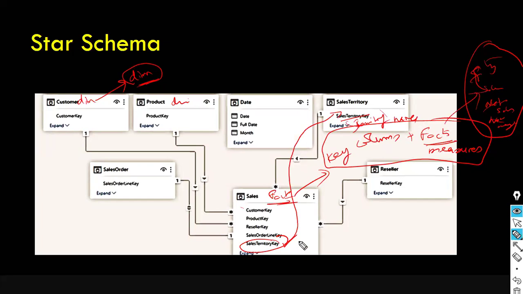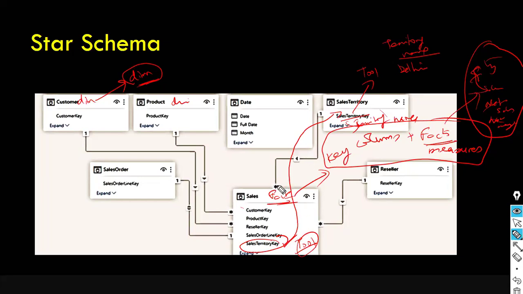Let's say the territory key is T001. Here also the T001 will be there, and in addition to that, the territory name will be there. The territory name is, let's say, Delhi. But here only the T001 will be there. It is not going to help you understand what city this is, right?